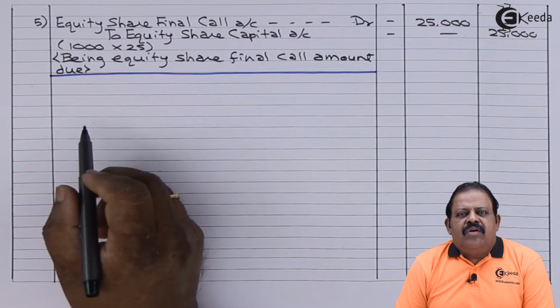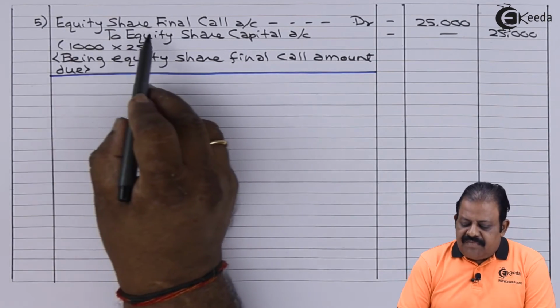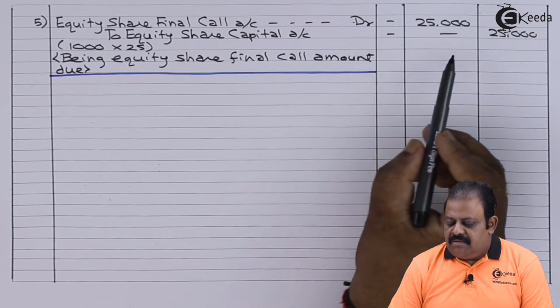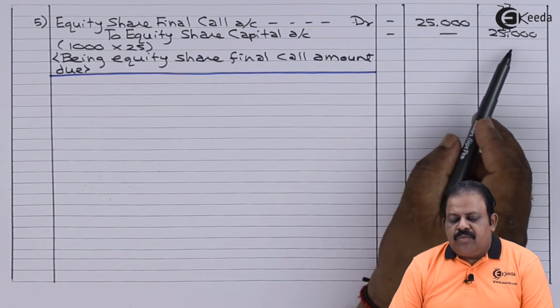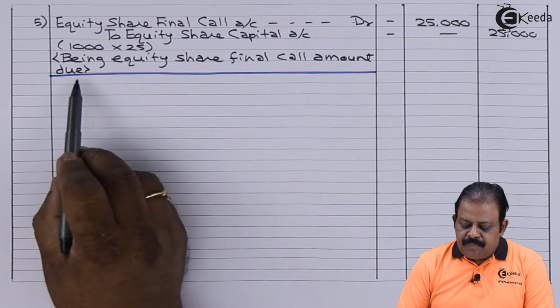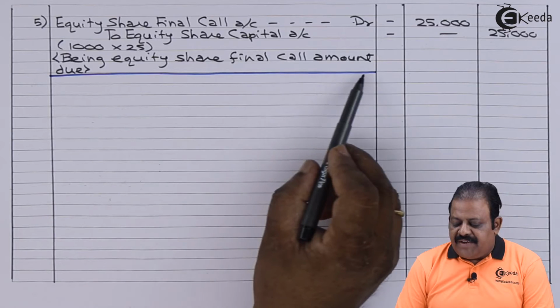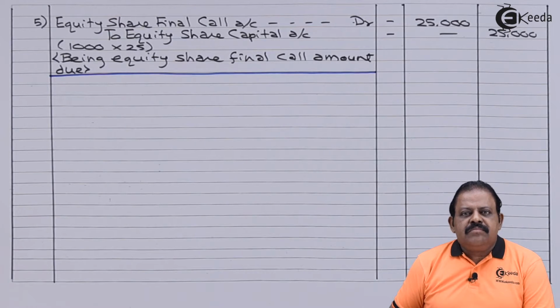For making the final call, our entry is equity share final call account debit 25,000 to equity share capital account 25,000, being equity share final call amount due.